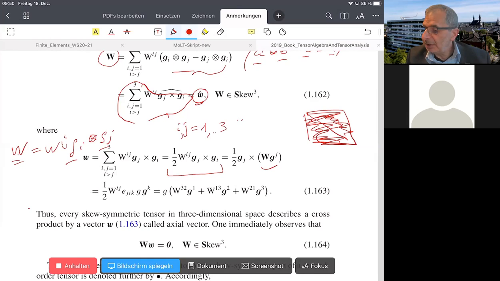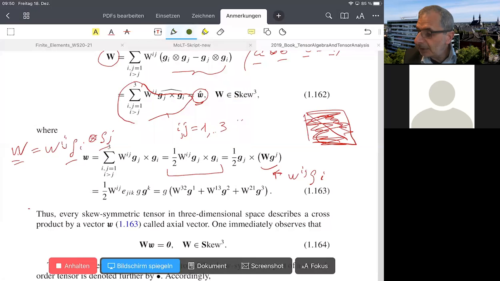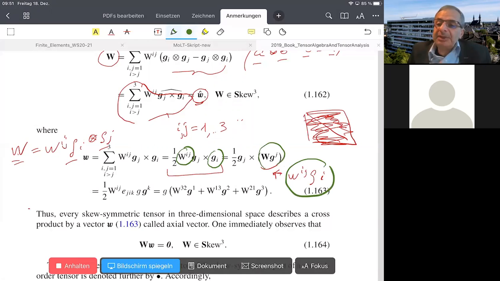So here, this will be exactly this Wij Gi. So I take another color, maybe green one. So this term here with these components, this is exactly this one what we have in this parenthesis. So it's another representation of the same formula, right?